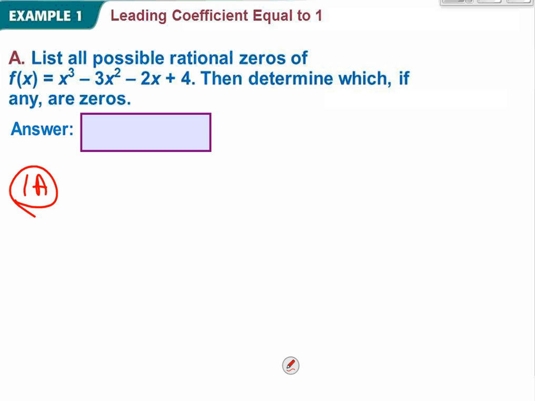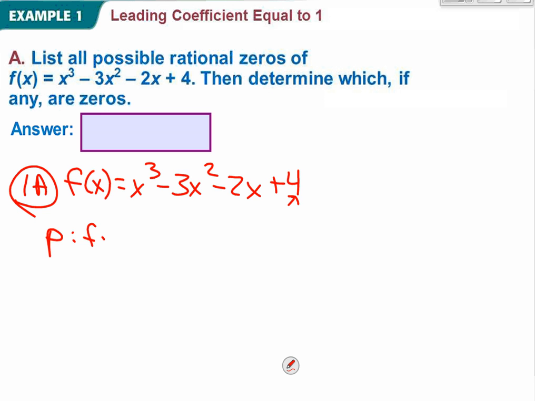And we start by just listing all the possible rational zeros. So f of x is x to the third minus 3x squared minus 2x plus 4. This is the only one that I will really write out what p over q is. Otherwise, I'll expect us just to be able to do that. So p is the factors of 4.